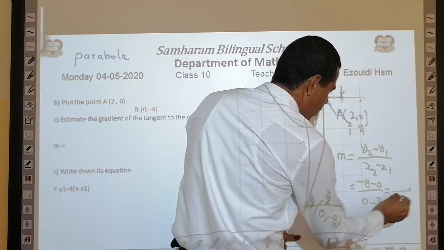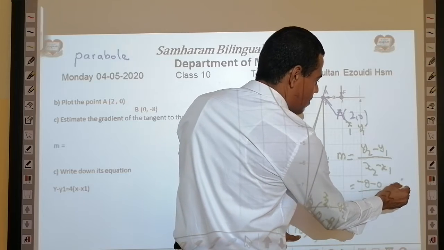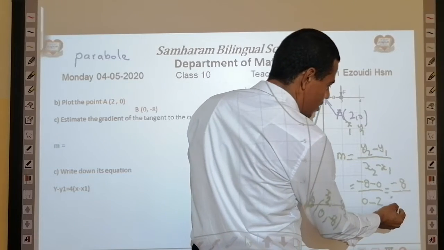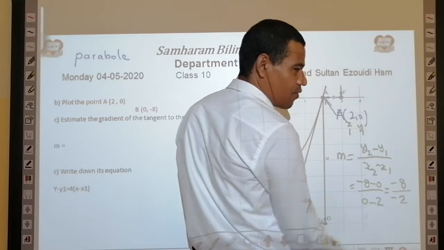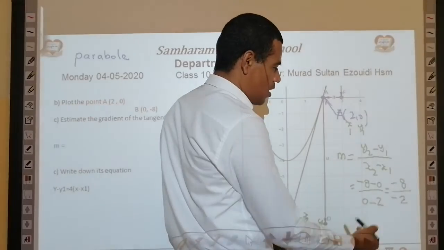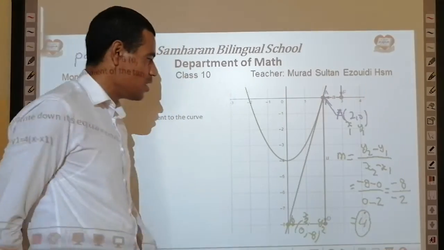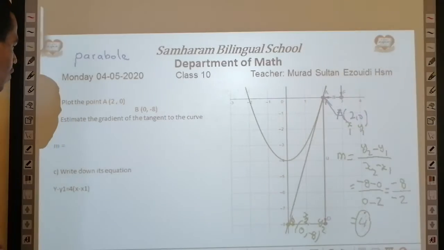It will be equal to -8 minus 0, which is -8, divided by 0 minus 2, which is -2. Negative divided by negative is a positive. 8 divided by 2 gives 4. So the gradient here, my learners, is 4.